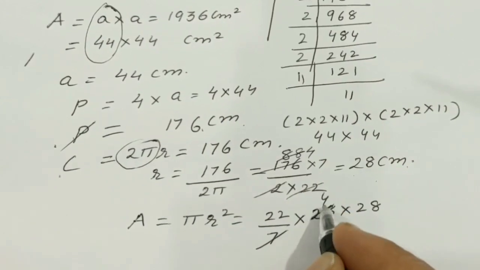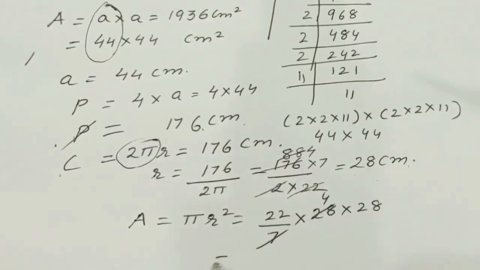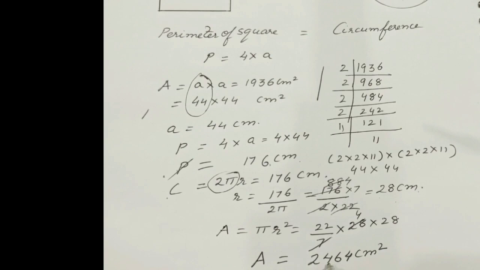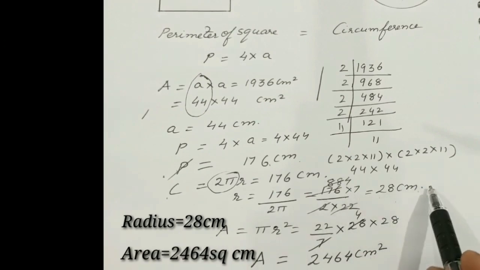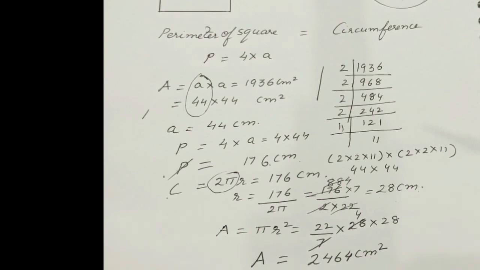Simplify. 4 times. Find the product, which is equal to 2464 centimeter square. Hence, the radius is 28 centimeter and the area is 2464 centimeter square respectively. Children, I'll keep question number 7 as a homework sum, okay?